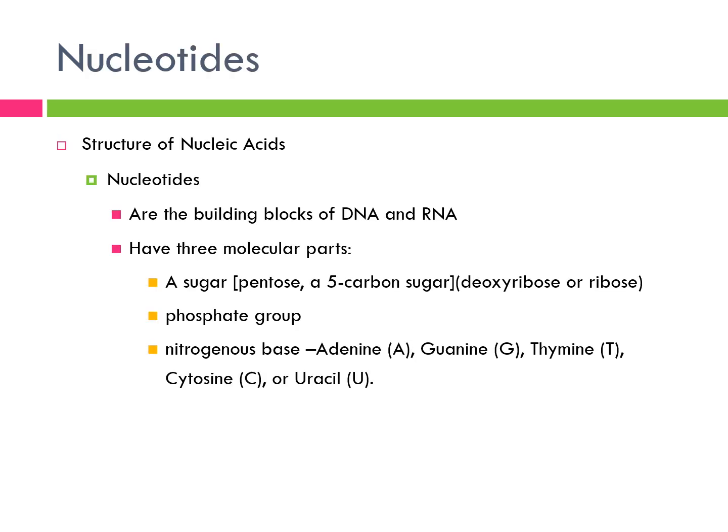Nucleotides are the building blocks of DNA and RNA, and they have three parts: a sugar, a phosphate group, and a nitrogenous base. The sugar is a 5-carbon sugar, which is a pentose, and that's either deoxyribose or ribose. So that's the difference between DNA and RNA, is the 5-carbon sugar that makes them up.